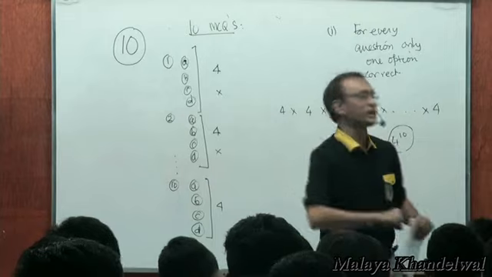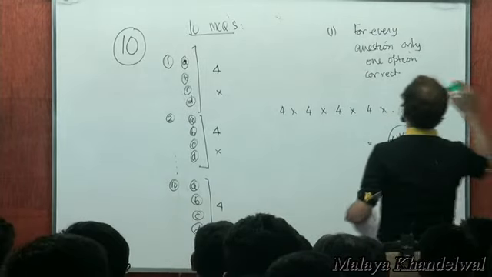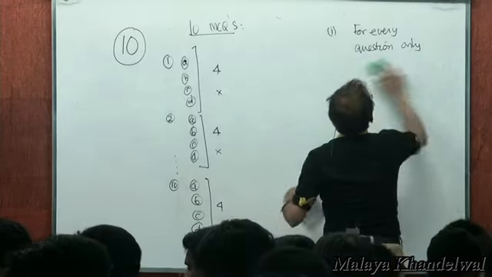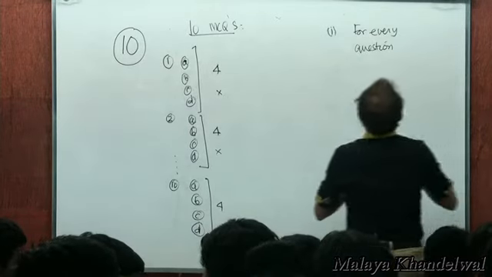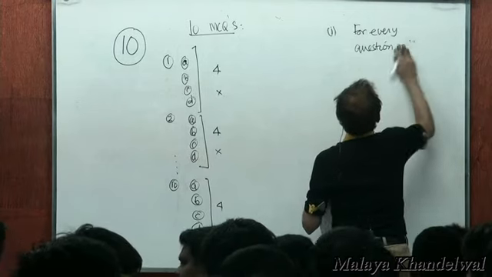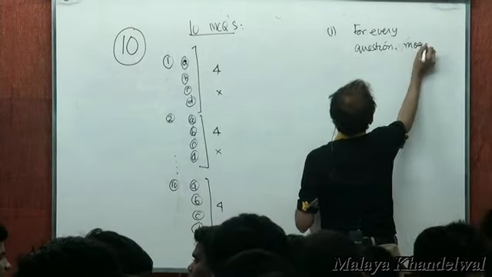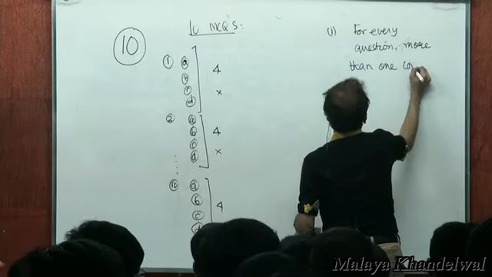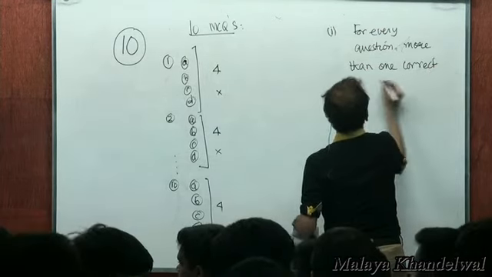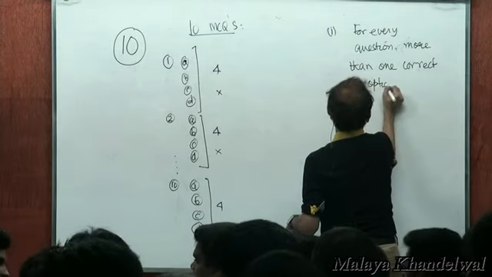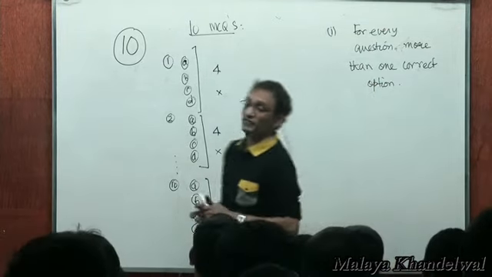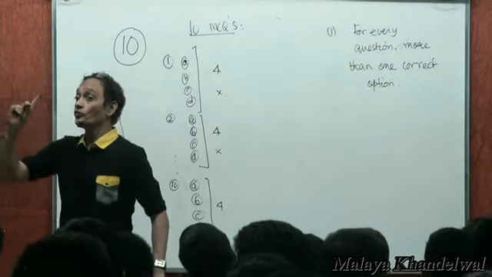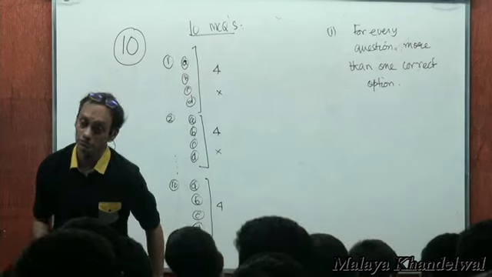The next part of the problem is: more than one option can be correct. All right, more than one correct option. So this was for every question. So let's see in how many ways one particular question could be answered.